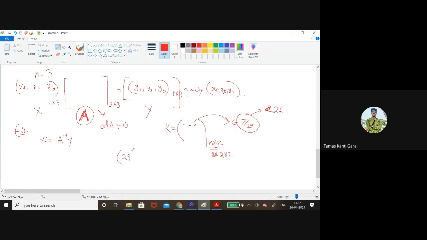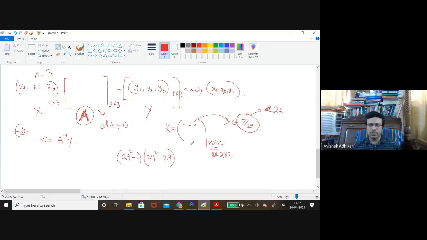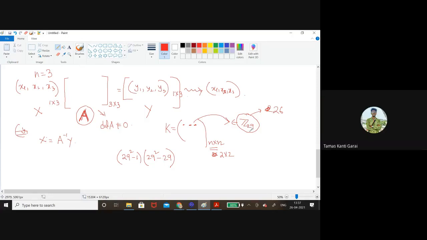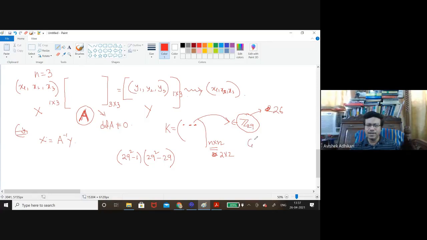29 square minus 1 into 29 square minus 29. Very good. This is the order of GL(2, Z29). So this question is equivalent to finding the number of elements in GL of 2 cross 2 over Z29, and as we know, this value is this.